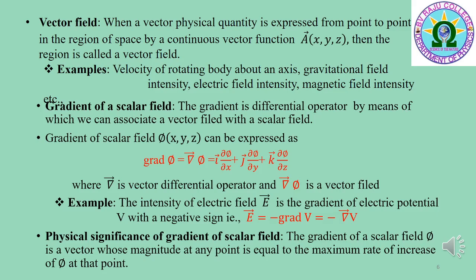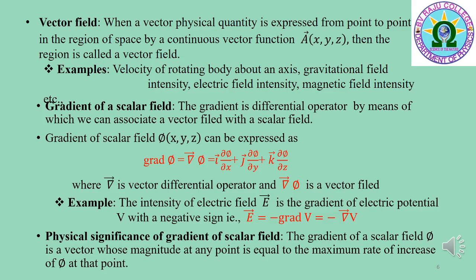Examples: velocity of a rotating body about an axis, gravitational field intensity, electric field intensity, magnetic field intensity, etc. are the examples of vector field. Now we can convert scalar field into vector field or vice versa, and also one vector field into another vector field by using some mathematical operations.